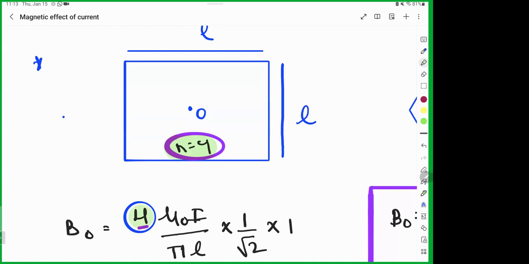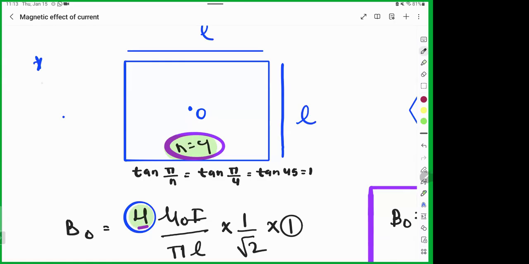Then you have one angle as tan π by n. What is the n value here? 4. What is π by 4? 45. So tan 45 is equal to 1. That's why we wrote 1.